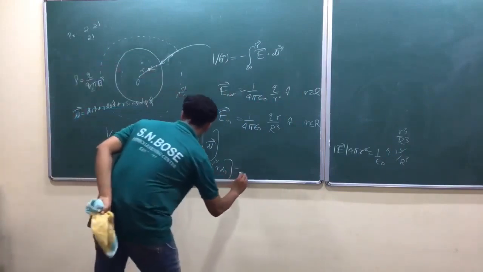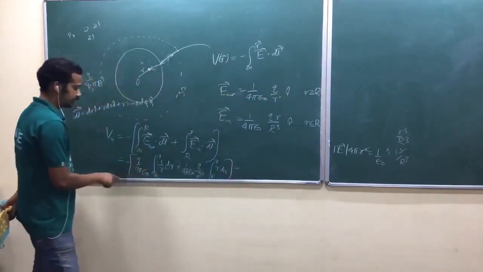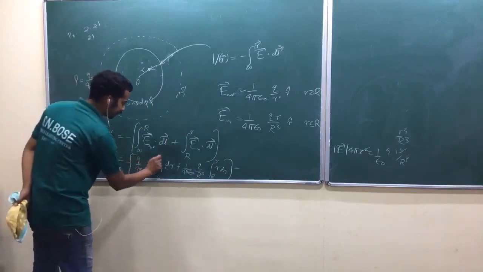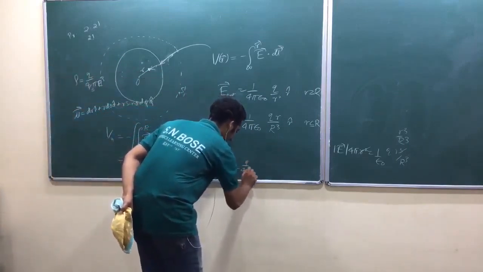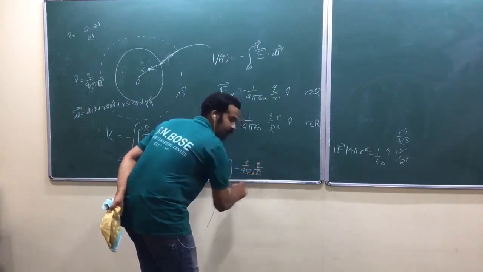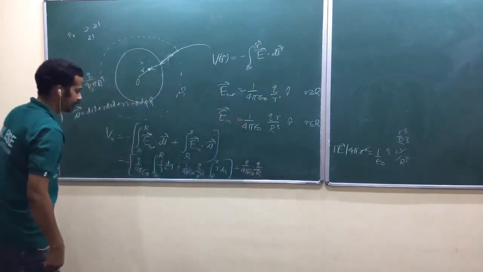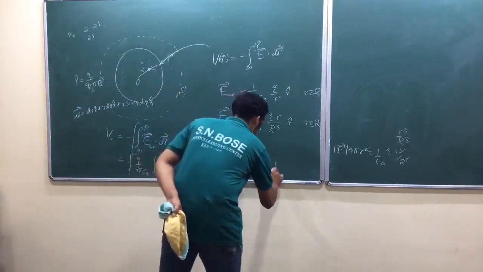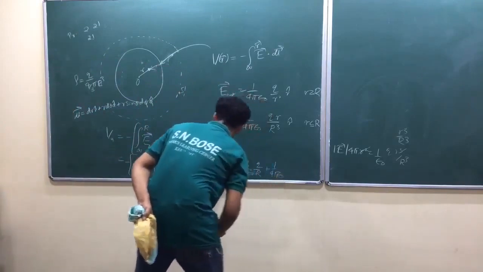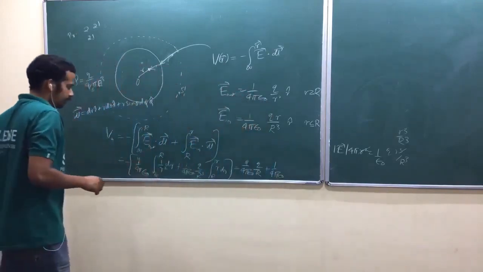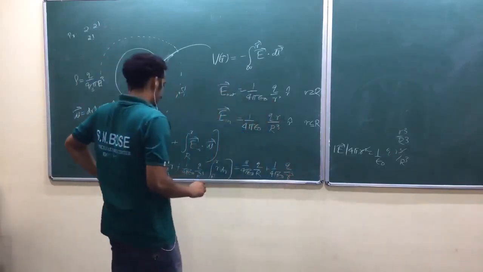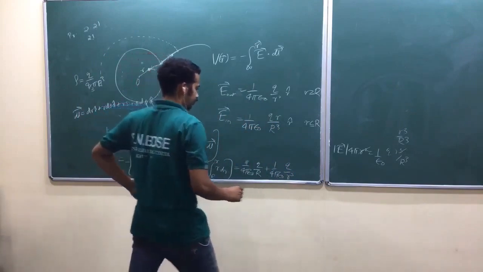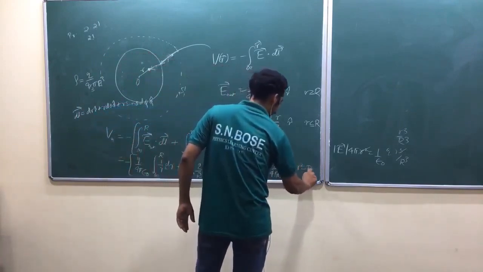So what is this one? Minus 1 by r. Okay, it is capital R. 1 by 4 pi epsilon naught q by capital R. Am I right? First part. So plus 1 by 4 pi epsilon naught q by R cube into r square by 2, r square minus R square whole divided by 2.